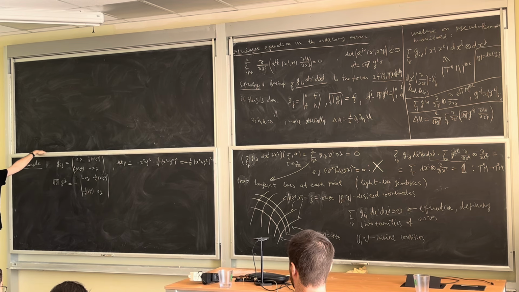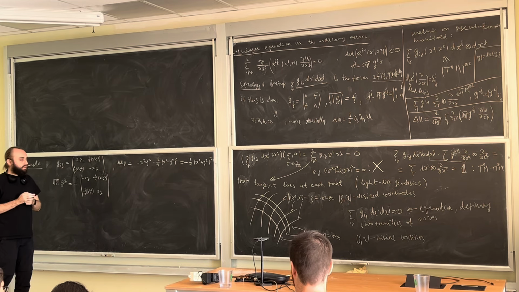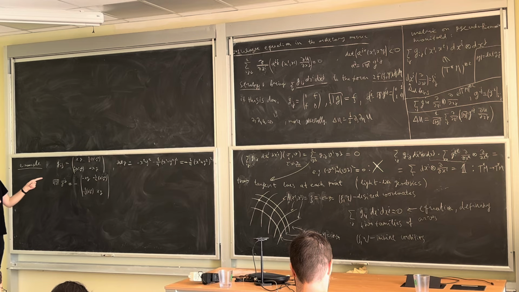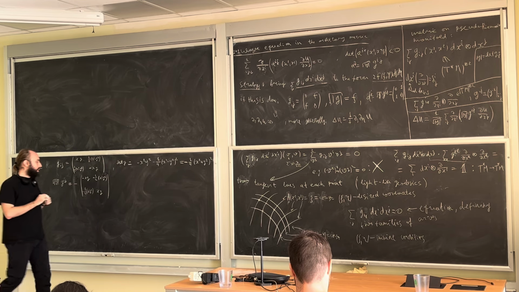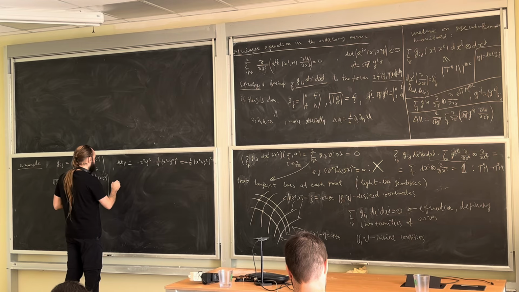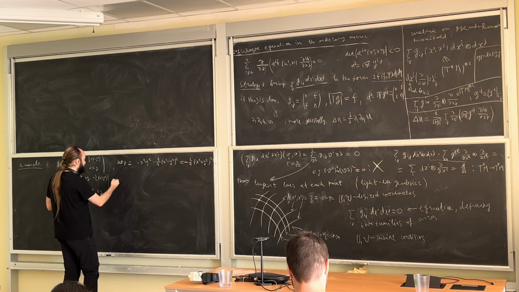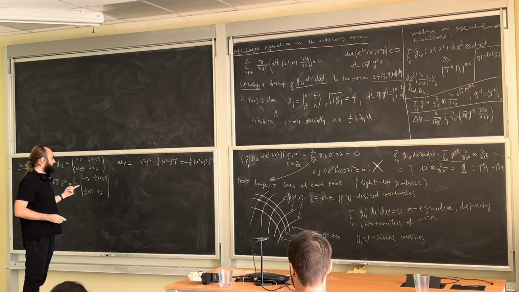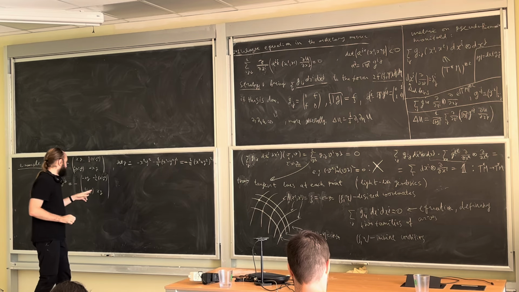We divided by determinant and then multiplied by the square root of its absolute value. Okay. So the differential operator, or the equation, described by this metric is the following.